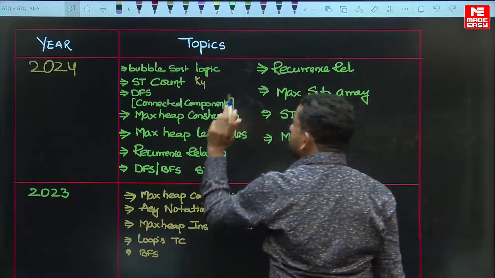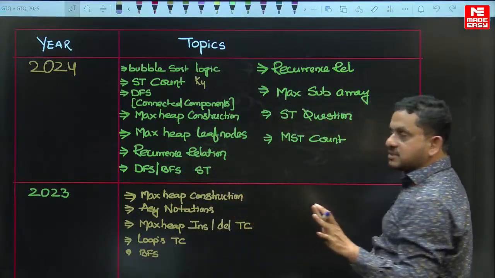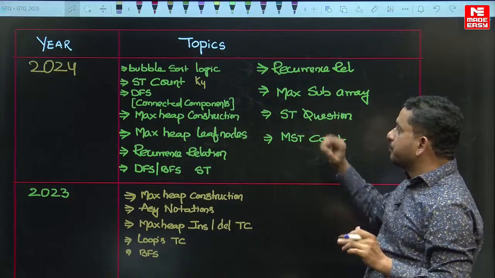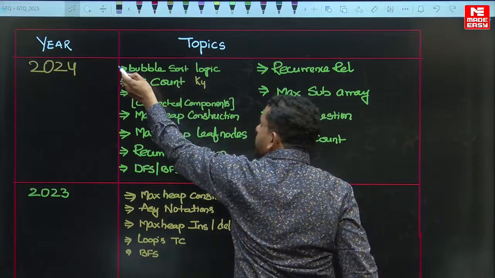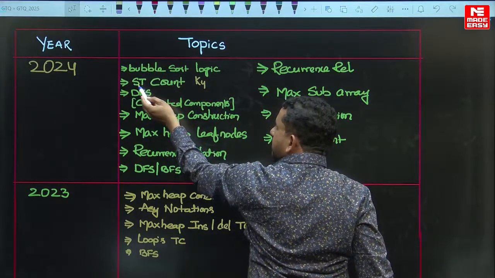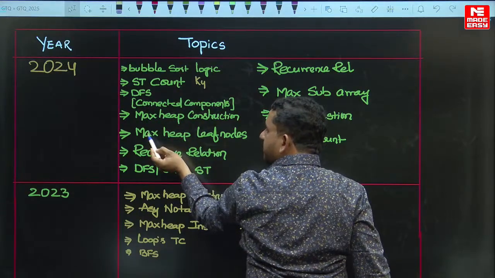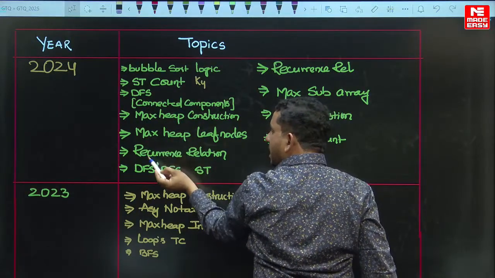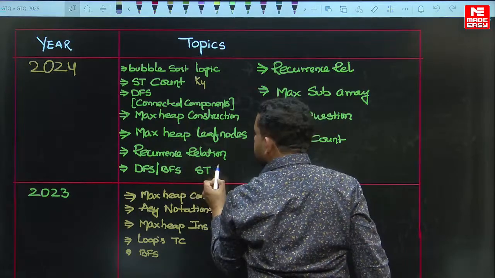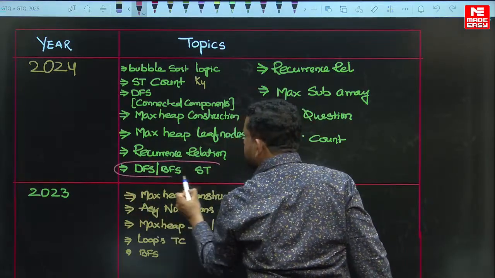Okay, in the 2024 exam, there are 2 papers, paper 1 and paper 2. See, one question is related to bubble sort logic, then spanning tree count, DFS, max heap, one more question, and reconciliation DFS. See how many are graph questions and tree questions.